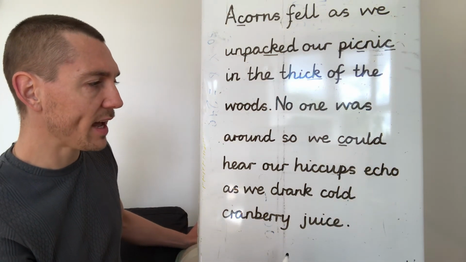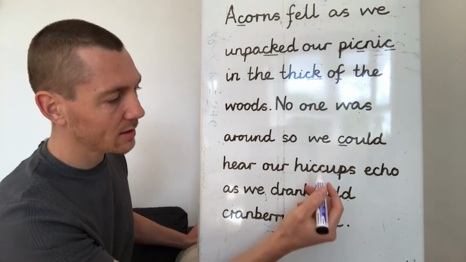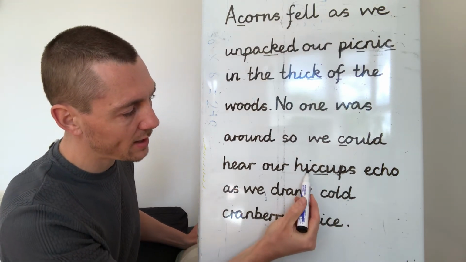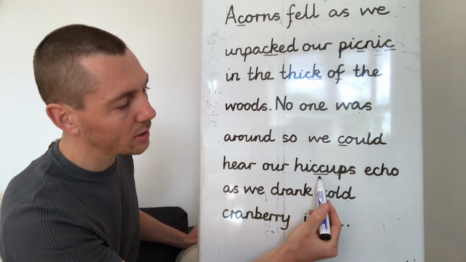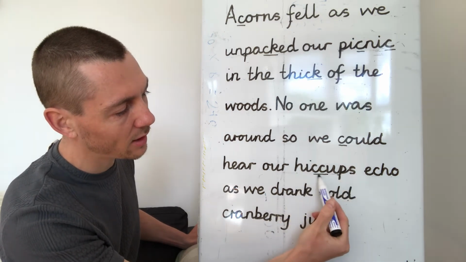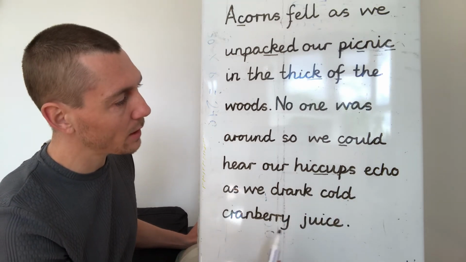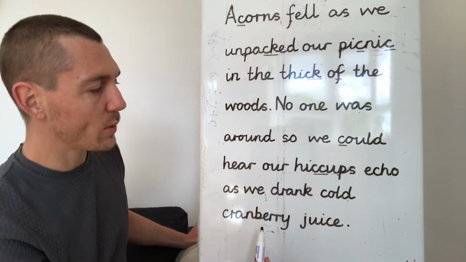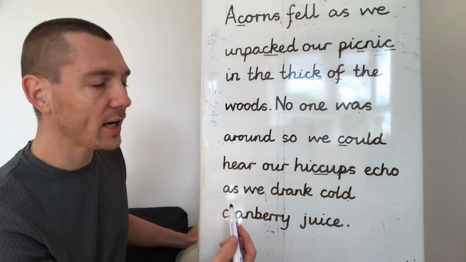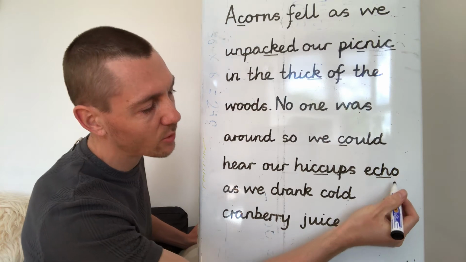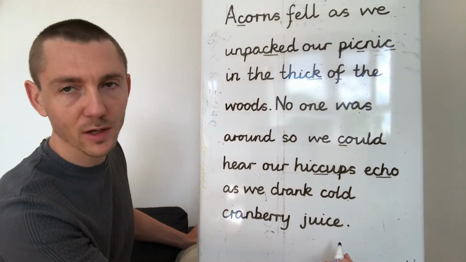So we could hear our hiccups. And there's a double C spelling of k in hiccups. H, i, k, ups, hiccups. No one was around, so we could hear our hiccups echo. E, k, o, with the CH spelling of k in echo.